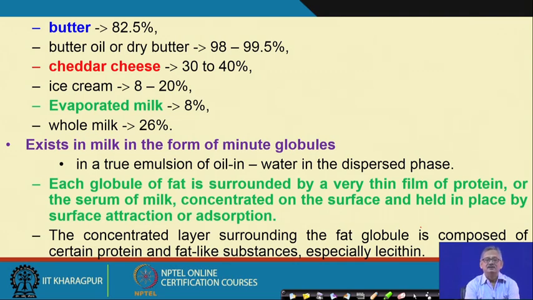So, that is why butter is solid, but butter oil is liquid, though the fat content for both is very high.